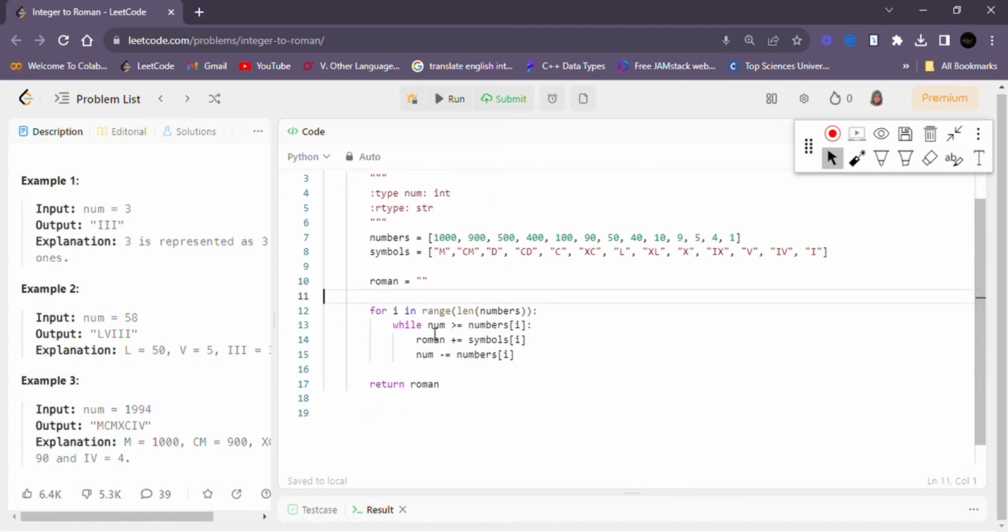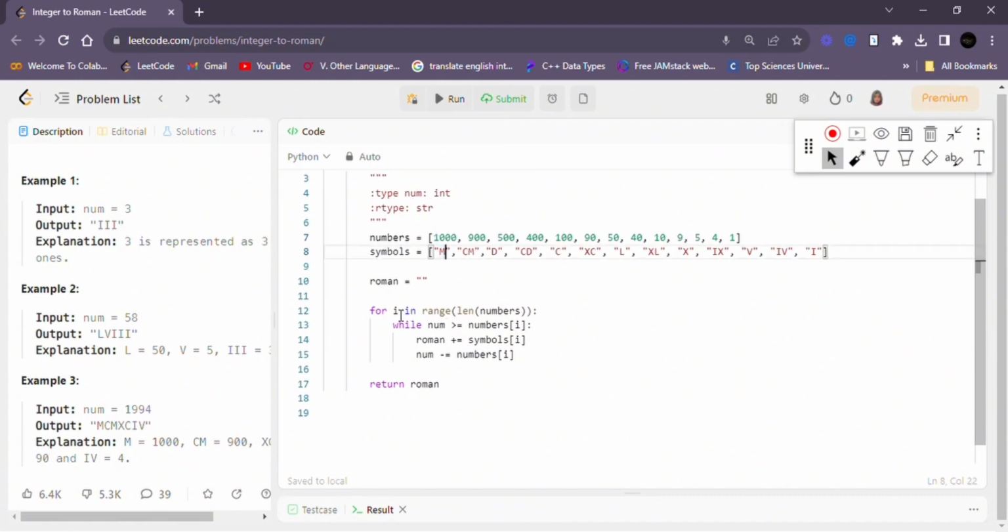Now we need to apply a for loop on those numbers, because we are converting an integer to Roman. We iterate the loop, and check what the symbol is for each number.